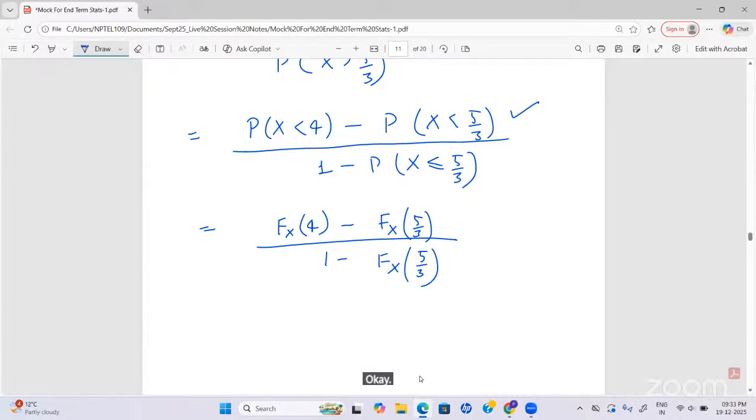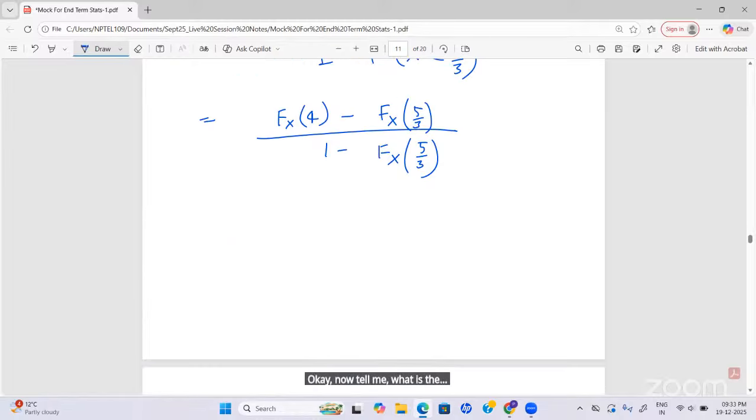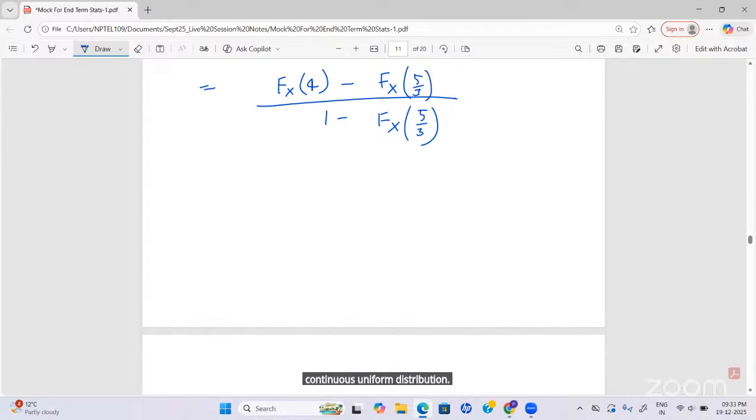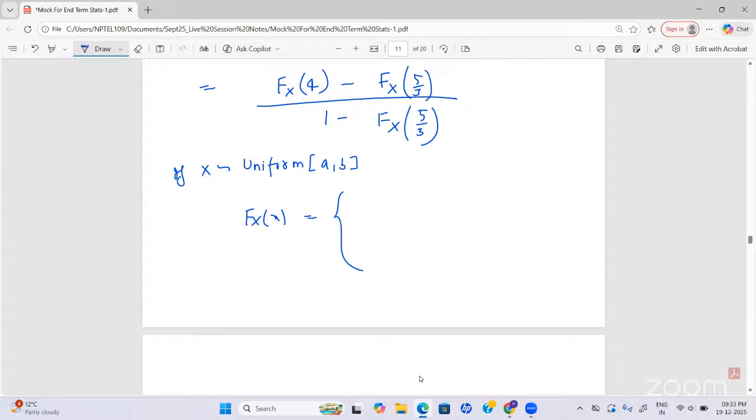Now tell me what is the CDF of a continuous uniform distribution? x minus a upon b minus a. So if x follows uniform with parameters a comma b, the CDF is: if x is less than a, then definitely it will be 0.